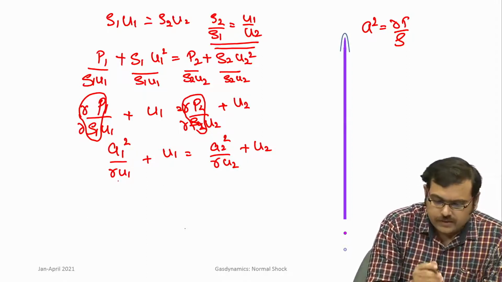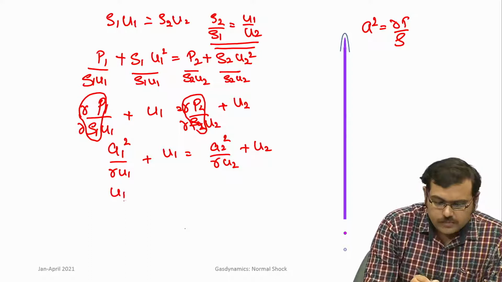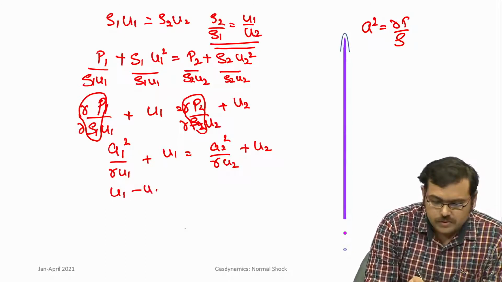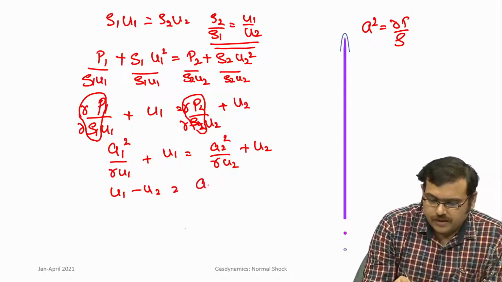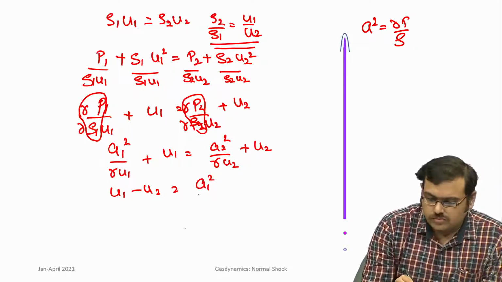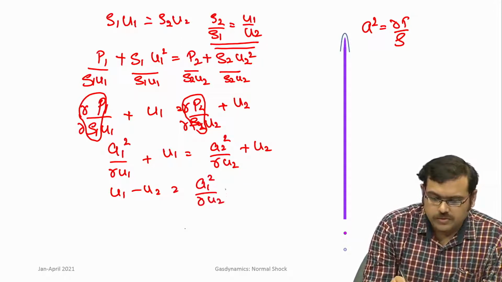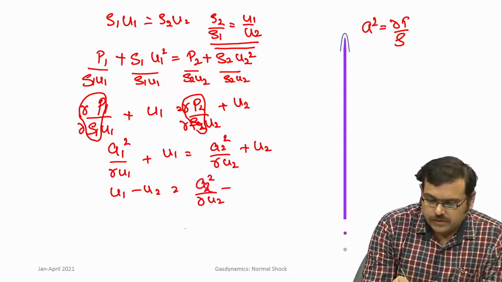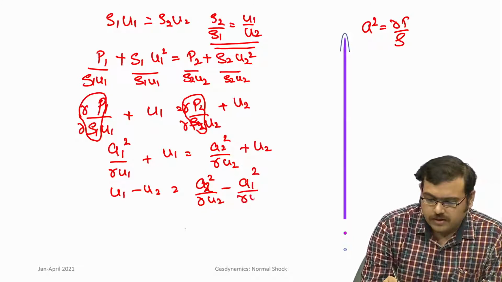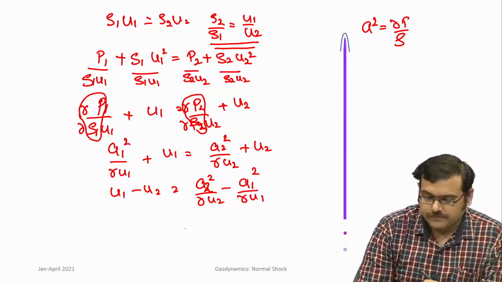Now you can write this only in terms of U1 minus U2 is A2 square by gamma U2 minus A1 square by gamma U1.